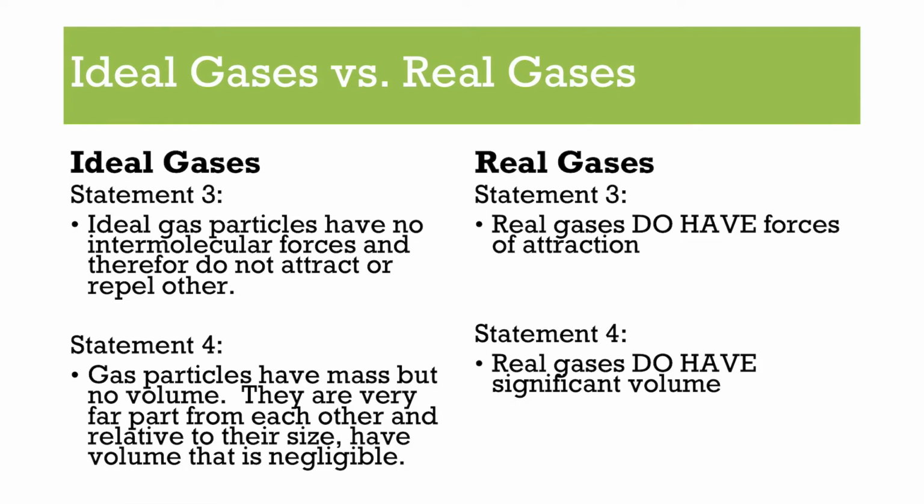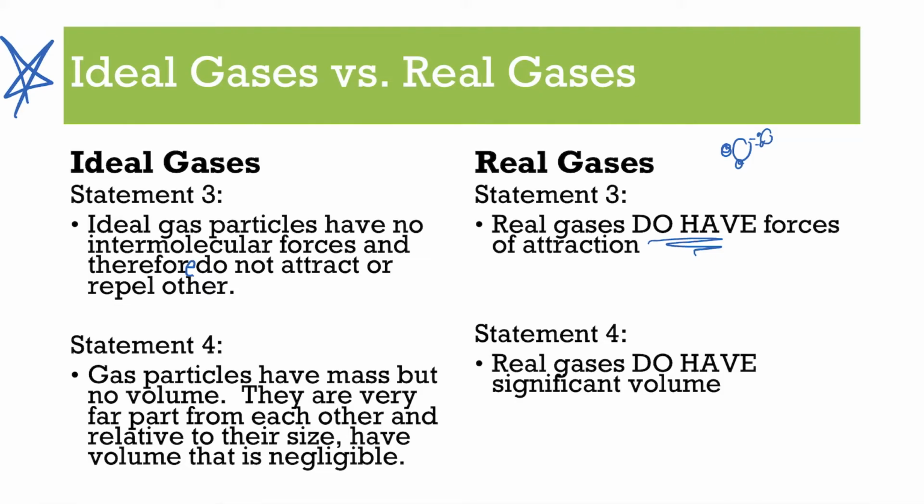Statement 3 says ideal gas particles have no intermolecular forces and therefore do not attract or repel one another. The problem is they do have these forces of attraction. Go back to the H2O: these water molecules interact with each other. The water vapor molecules interact with each other a different way. Other gases do that too. Real gases do have forces of attraction.